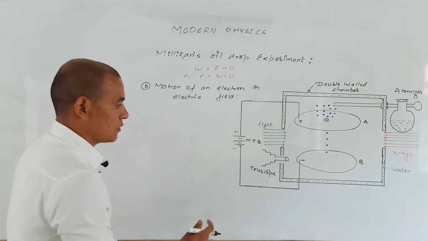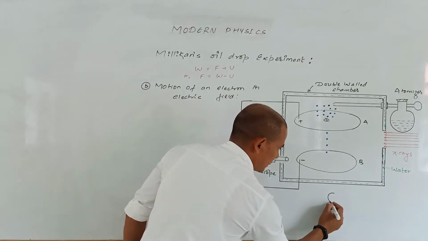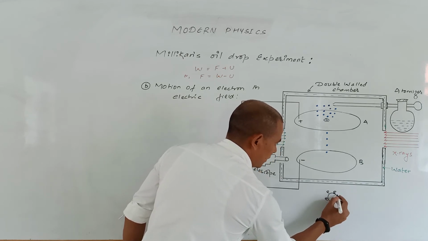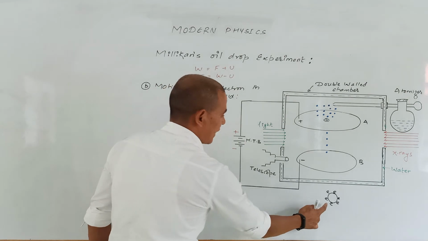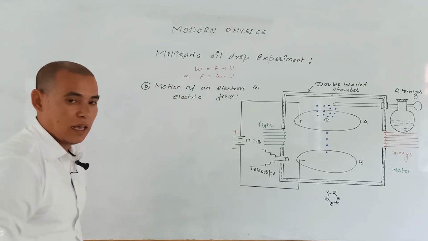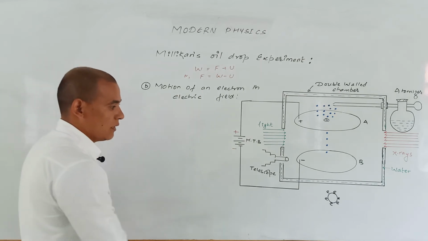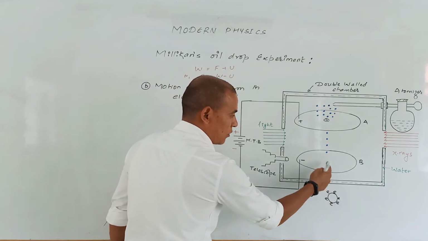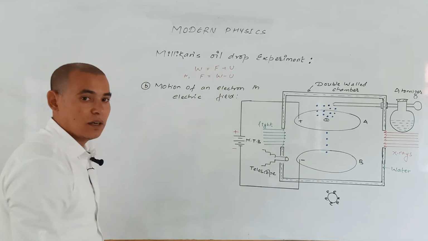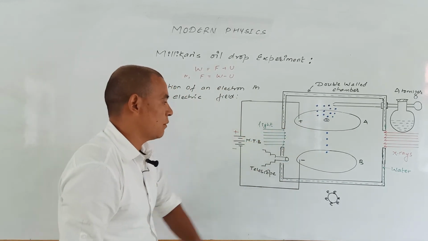Let me say, if these are the oil drops, then electrons stick on the oil drop. Now we can say that these oil drops are negatively charged, and when the high tension battery is switched on, these negatively charged oil drops will be attracted towards the upper plate, which is positively charged.